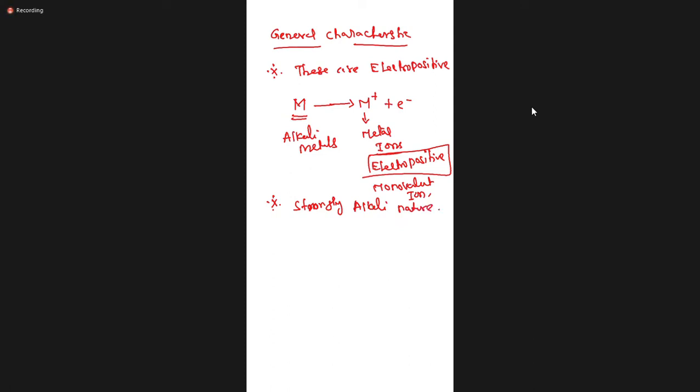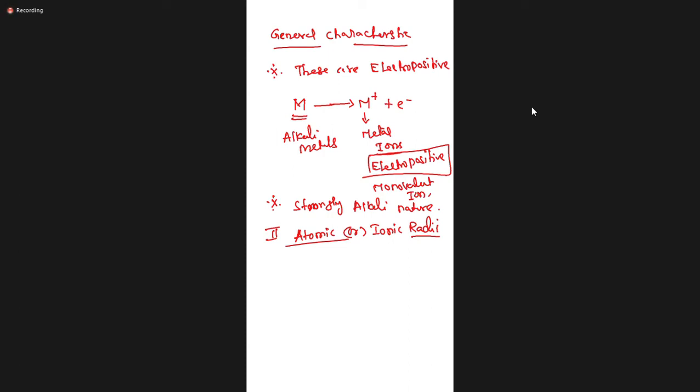Next, the second chemical property I'm going to tell you: atomic radii or ionic radii. What is the meaning of atomic or ionic radii? Can anyone tell me, please? What is the definition of atomic or ionic radii? Sir, it is the distance between the center of the atom to the last of the atom.